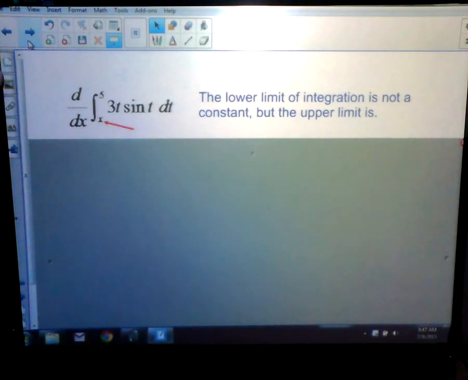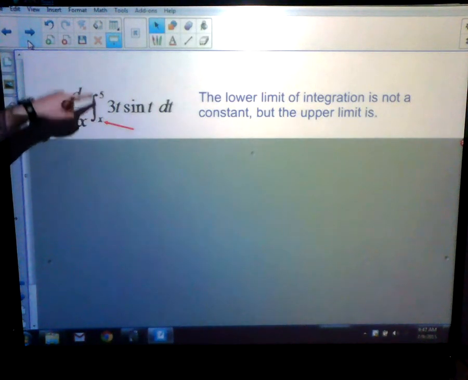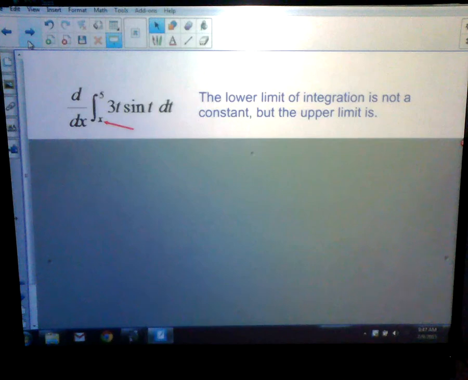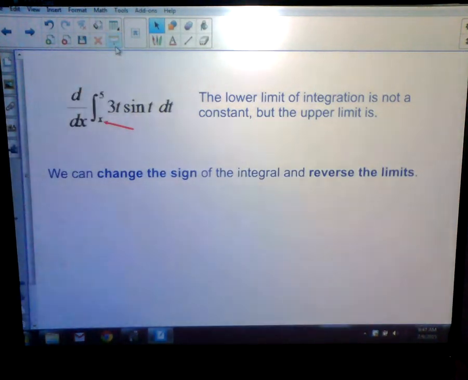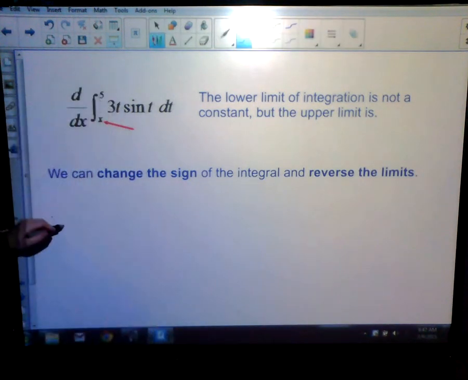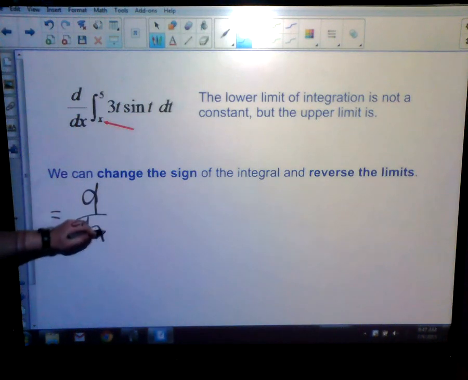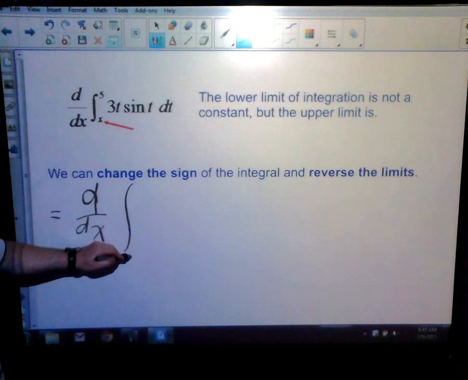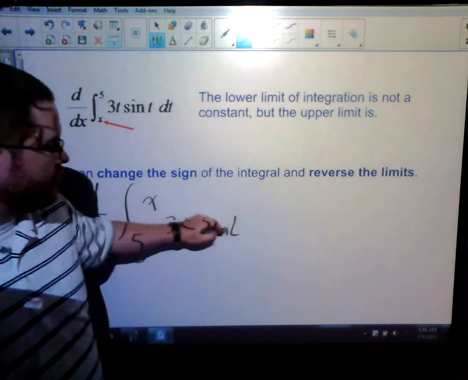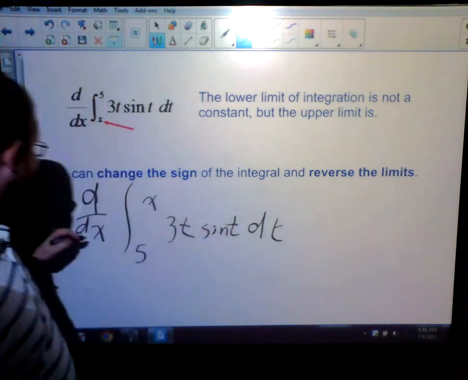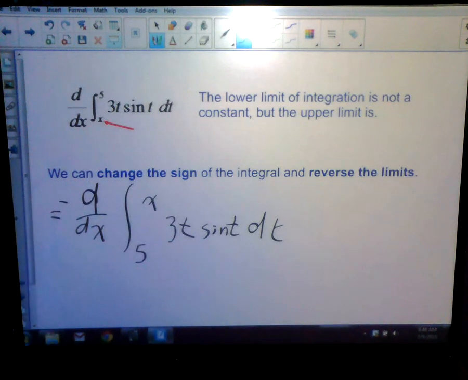Ooh, this is close. Derivative of an integral, but they're backwards. There should be a letter on top and a number on bottom, but the letter's on bottom and the number's on top. So what do we do? We use one of the rules we talked about earlier. We change the sign. So this is the same thing as the derivative of the integral of 5 to x of 3t sine t dt, but it's negative.